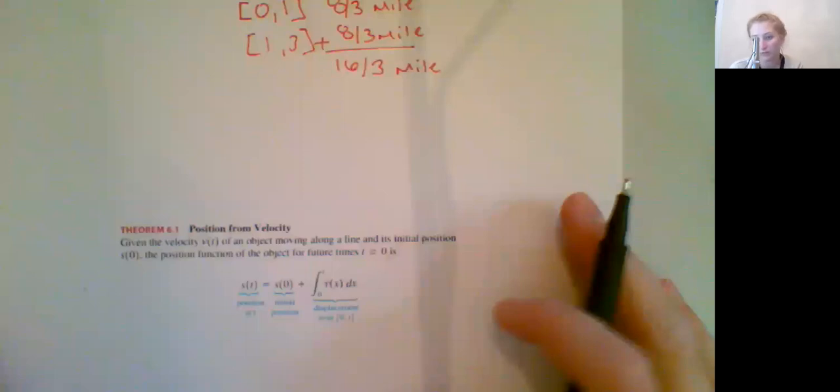But it's just something to keep in mind. If they don't start at 0, like if they start 5 miles west or something, you're going to have to take that into account afterwards to make sure that you account for that. That was not a very good way to say that. Okay, so let's do an example. I'm going to show you what I mean.